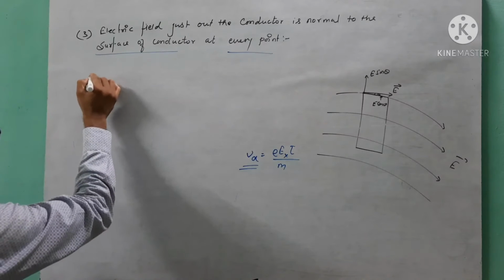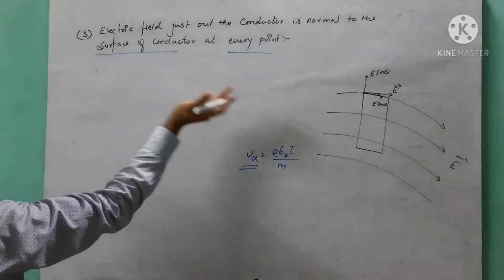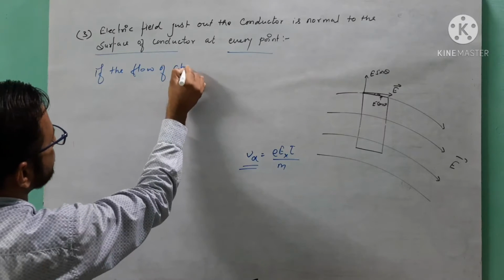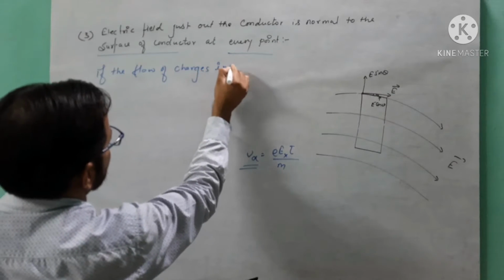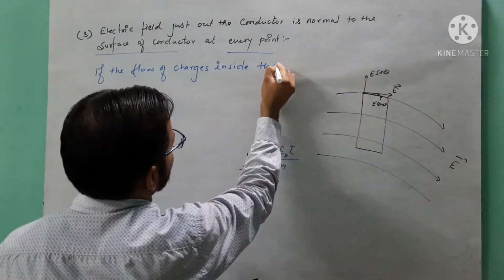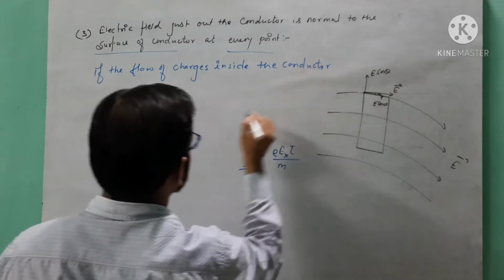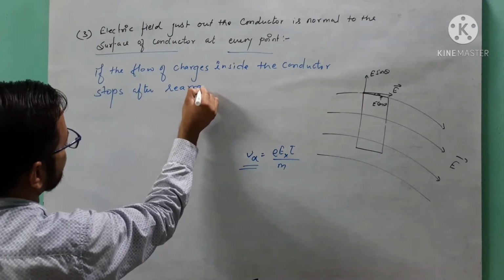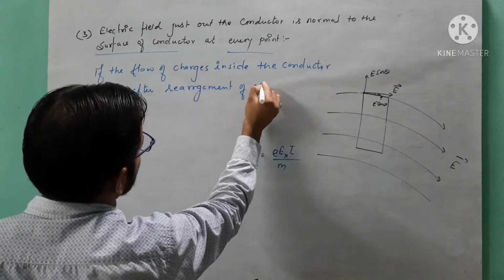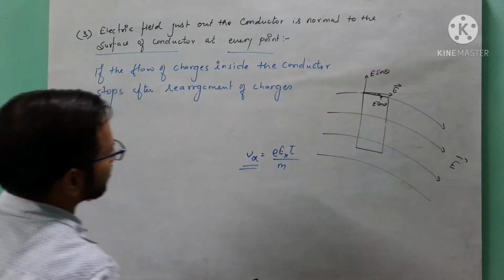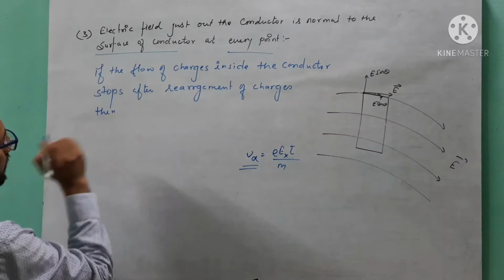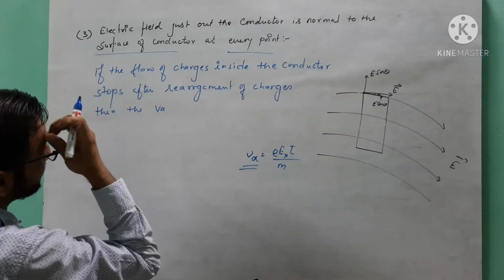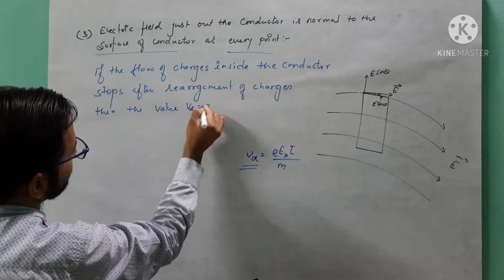So we can say that if the flow of charges inside the conductor stops after rearrangement of charges, then the value of drift velocity Vd is equal to 0.